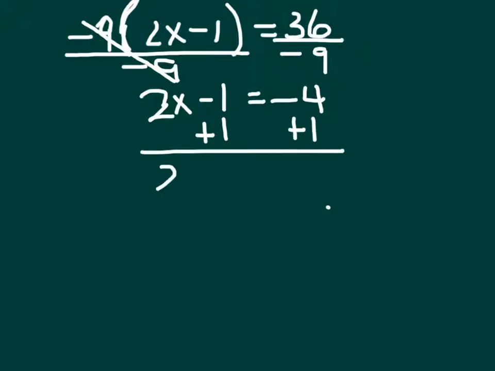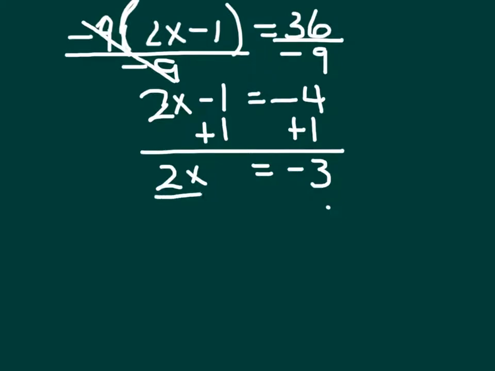That gives us 2x equals, you have a minus 4 and a positive 1. So you have different signs, so you're going to get the difference or subtract the two numbers. 4 minus 1 is 3, and you keep the sign of the larger number. In this case, that's the 4, and it's negative. Now we've got 2x equals negative 3.